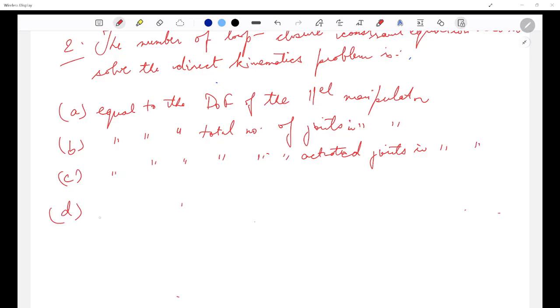D: less than the total number of passive joints in the parallel manipulator.